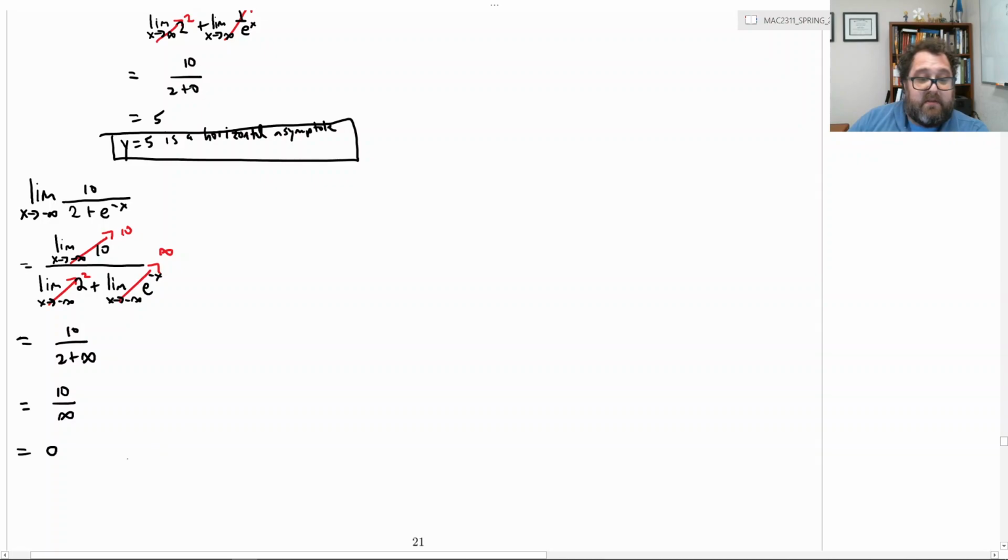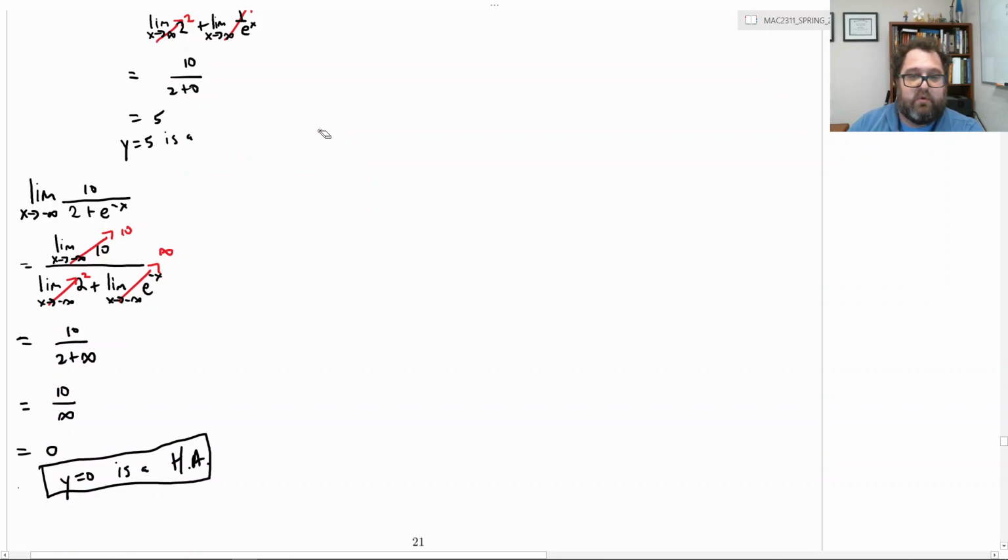So that tells me that y equals 0 is a horizontal asymptote. Let's abbreviate this as HA, horizontal asymptote. That'll save me some room for the rest of these. So we have two horizontal asymptotes, 0 and 5. That's the maximum. We can at most have two horizontal asymptotes.